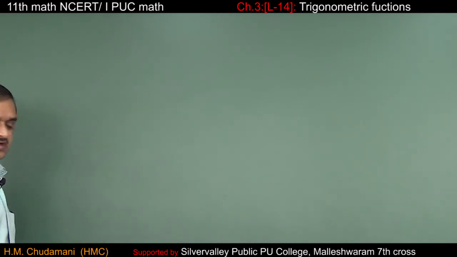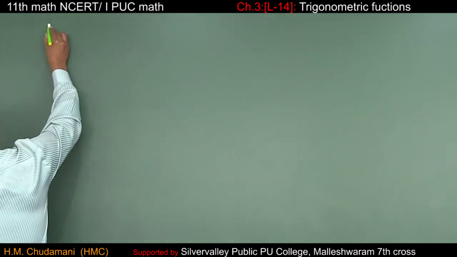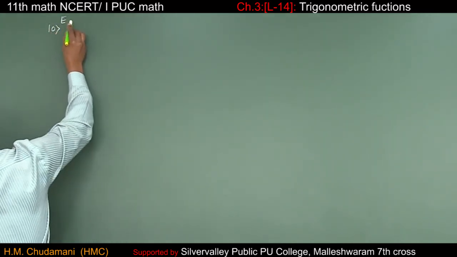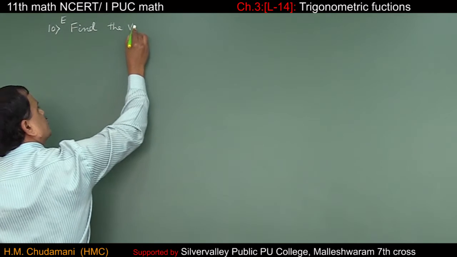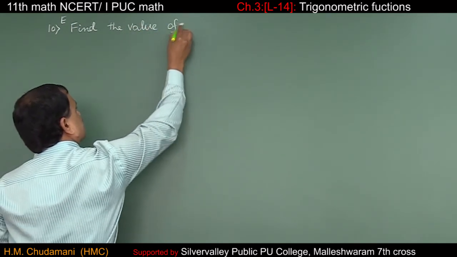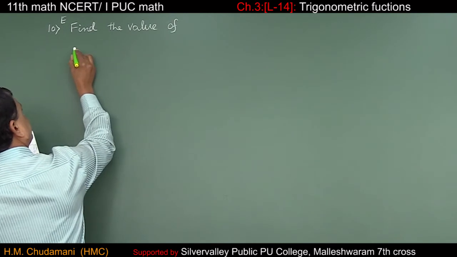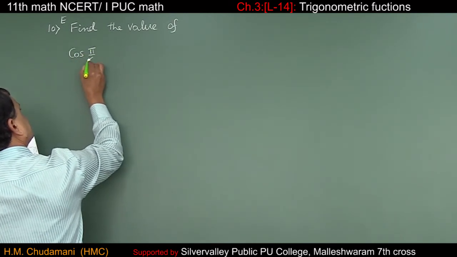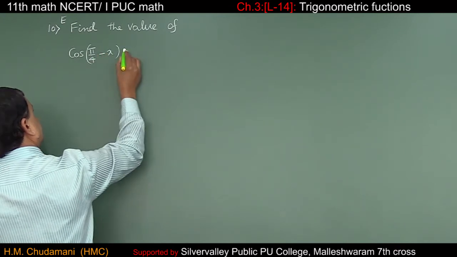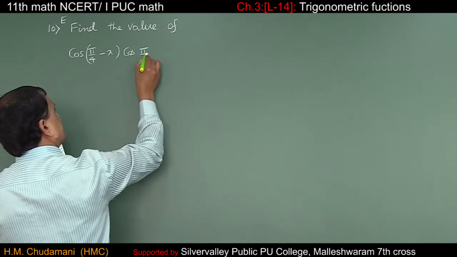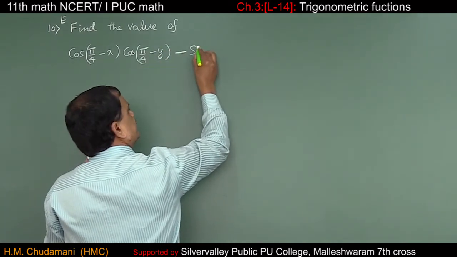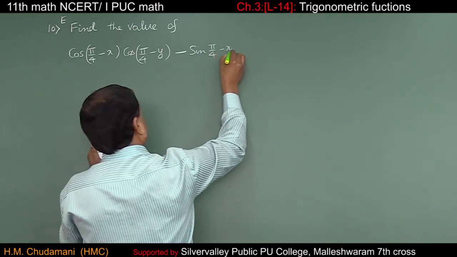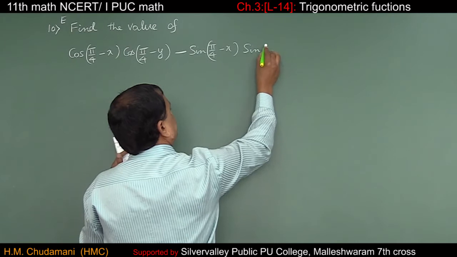Next, question number 10 is a very good question. Of course, a simple one. Find the value of cos pi by 4 minus x into cos pi by 4 minus y minus sin pi by 4 minus x into sin pi by 4 minus y.